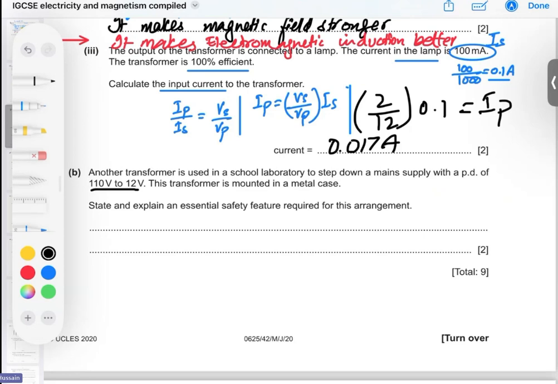Another transformer is used in a school laboratory to step down a mains supply with PD of 110 to 12 volts. Transformer is mounted in a metal case. State and explain an essential safety feature required for this arrangement.